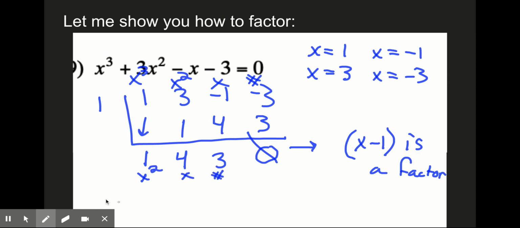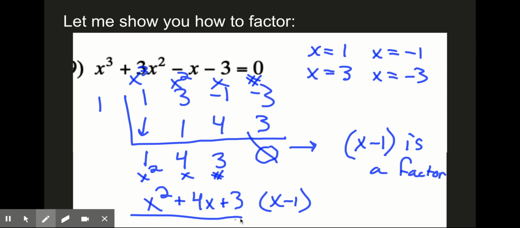So I've factored out x minus 1, and I'm left with 1x squared plus 4x plus 3. And this is something where you'd say, you know what? I can factor that. That's a quadratic, Mr. Card. I've done that before, right? In fact, we did that earlier in this video. You'd be able to say, I know what that is. That's x plus 1 times x plus 3.